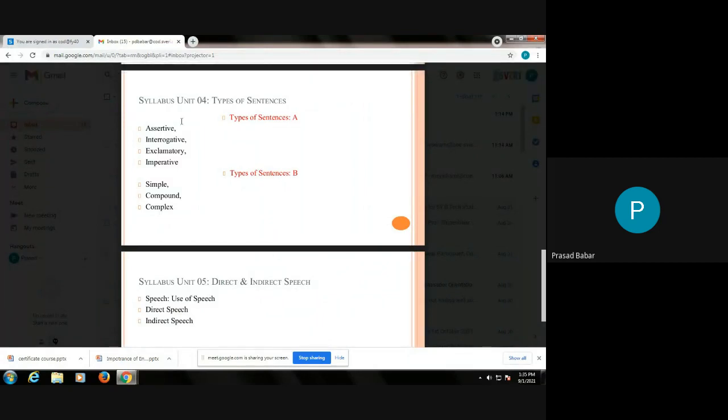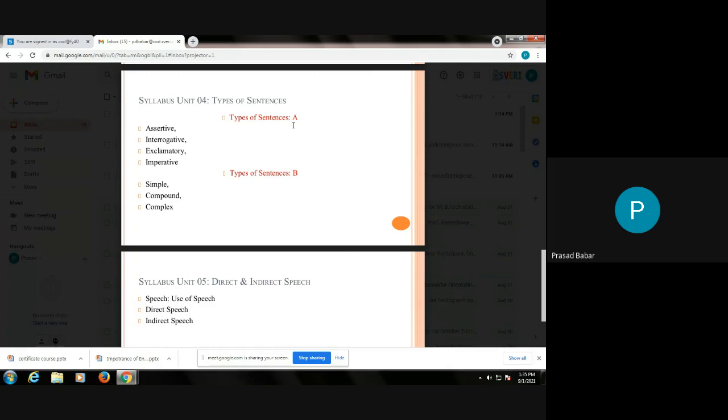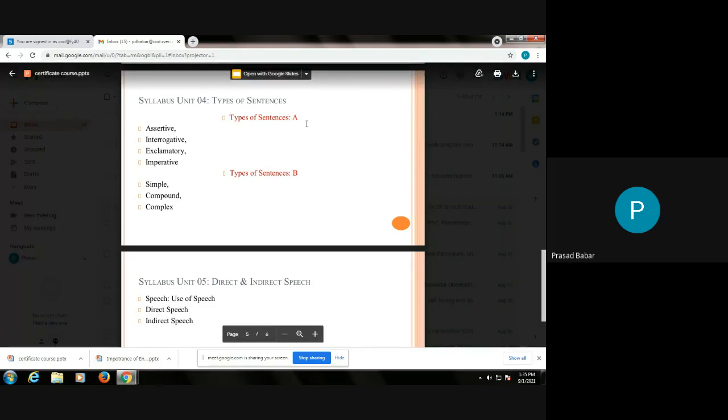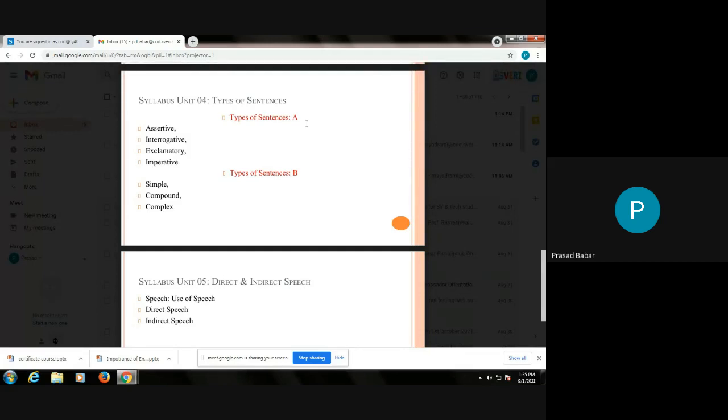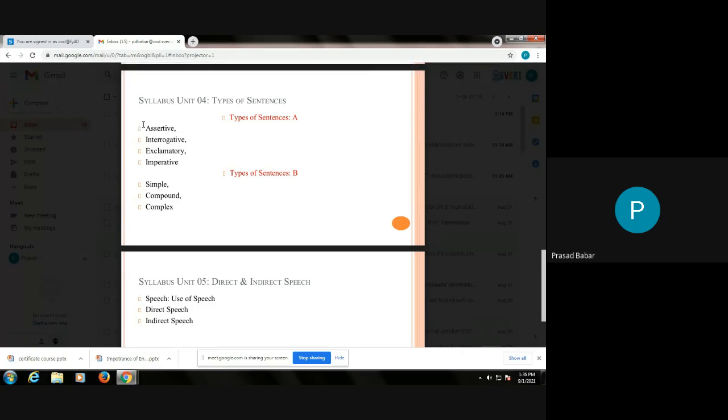In the types of sentences, there are two sections. In section A we will be discussing the assertive sentences.